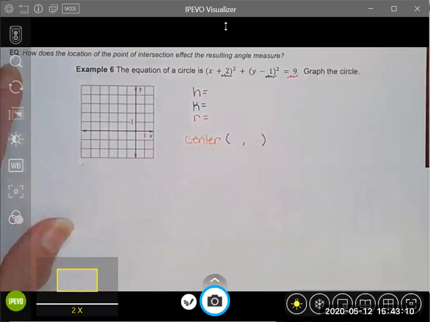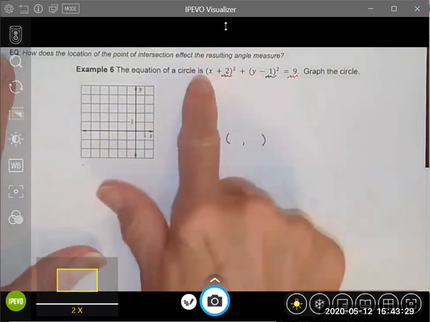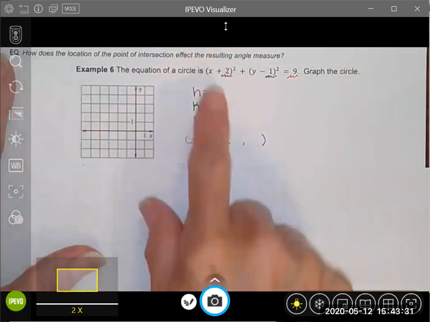Okay, last one, and then we'll be done with equations for today. This last one's actually asking me to graph the circle. So I need to identify the center, and I need to figure out what the radius is, what the length of the radius is. So the first thing I'm going to do is look at the equation I was given. Notice it has an x and a y because we always have x's and y's.